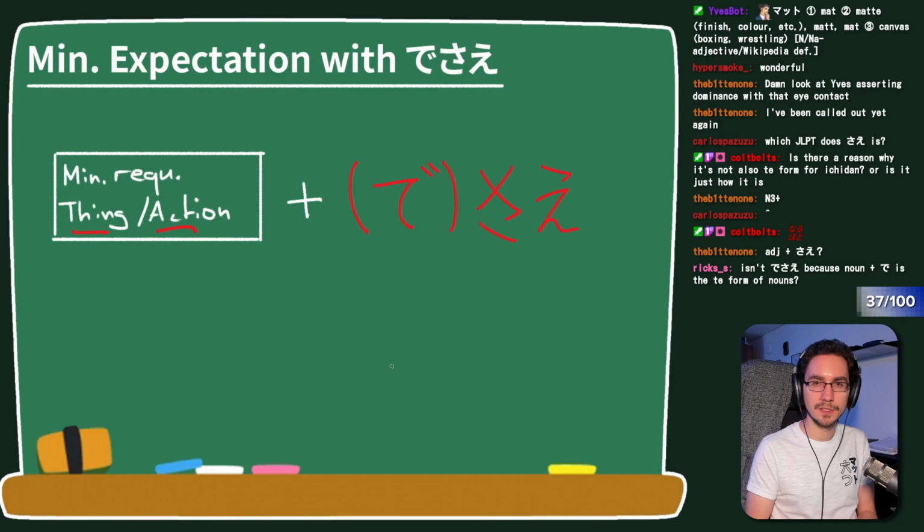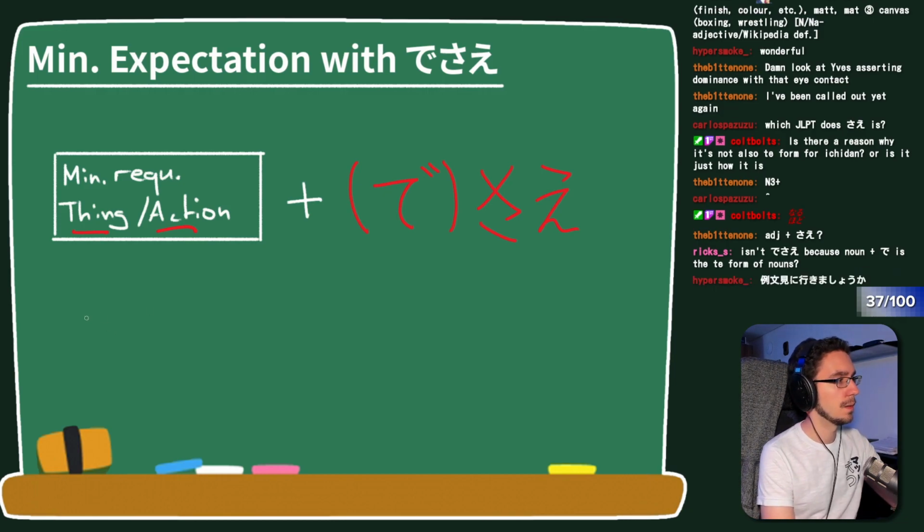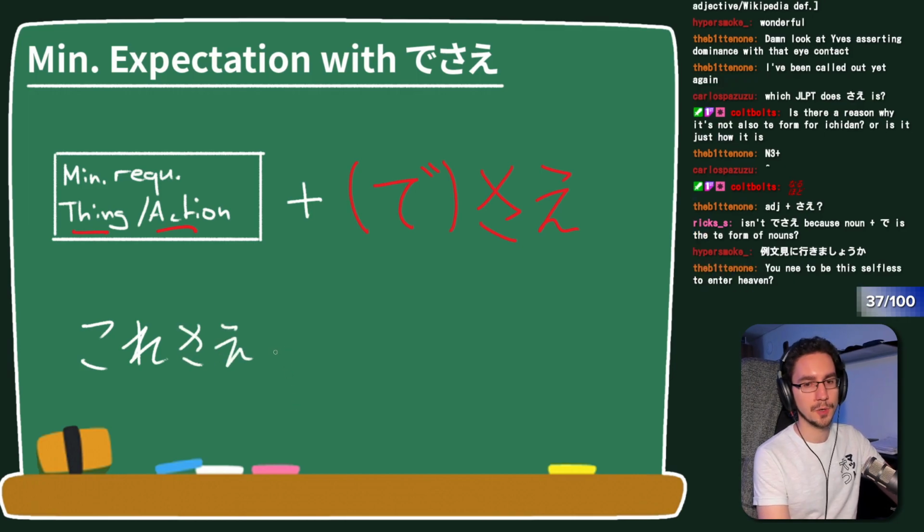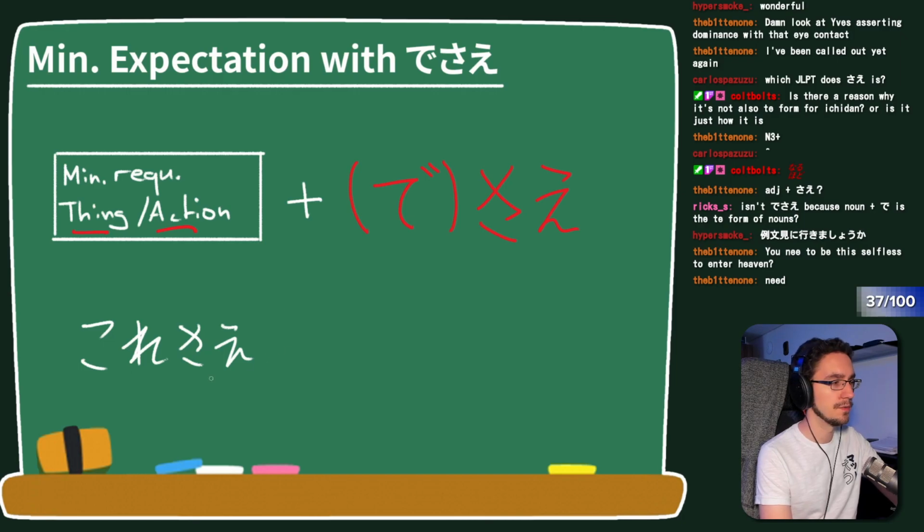More specifically, you will see stuff like kore sae areba, right? And you've probably heard this. I would wager that you've probably heard this, even if you don't remember. This is a very common pattern.